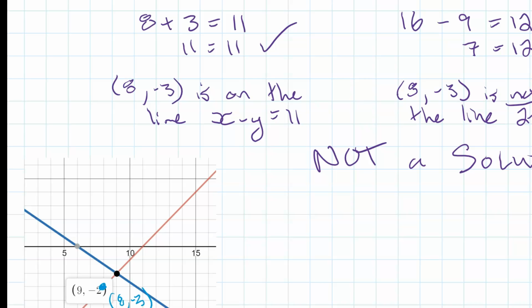We're going to be looking at that in a couple of lessons. But for right now, we're just practicing graphing to find solutions and practicing checking if points are solutions to systems of equations.